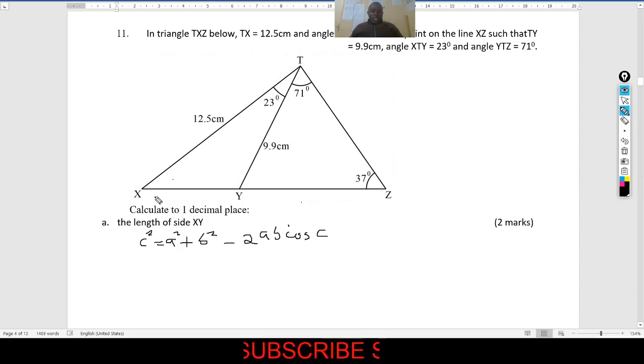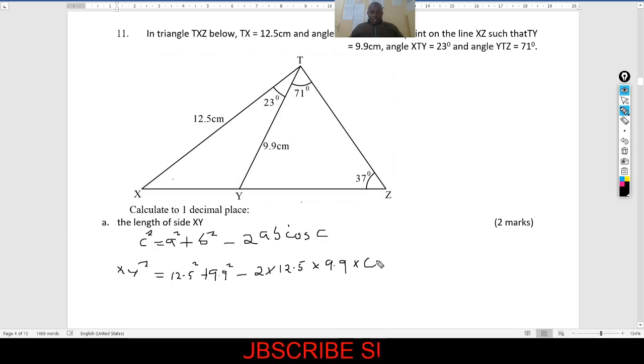So we use the same concept here. We say that XY squared equals 12.5 squared plus 9.9 squared minus 2 times 12.5 times 9 times the cos of 23.